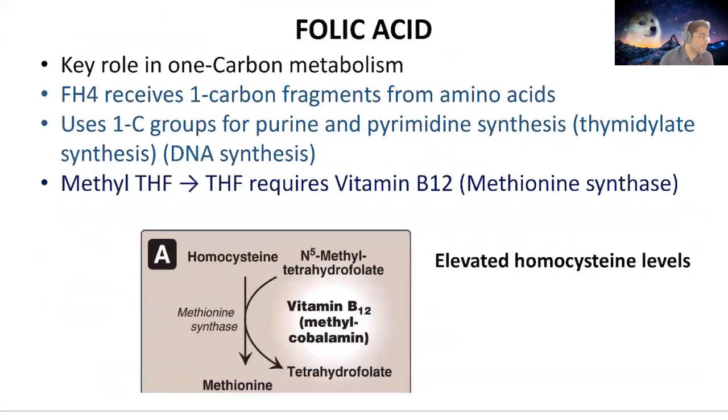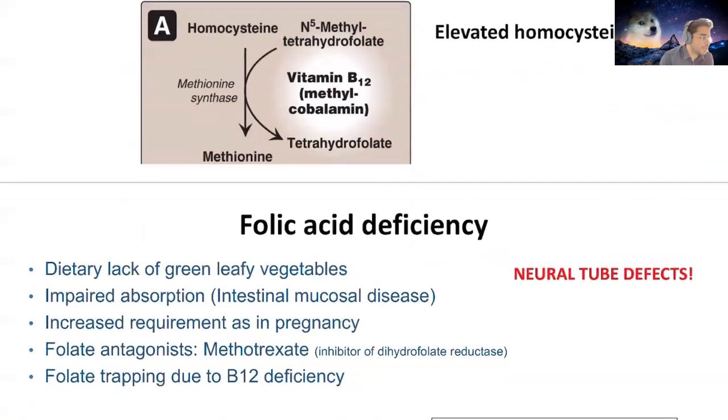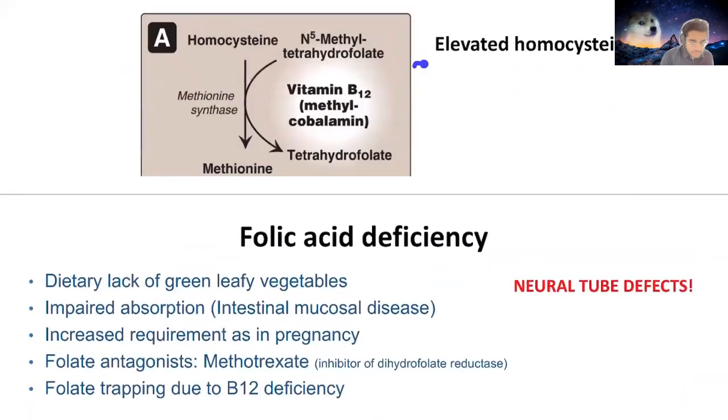Guess what? Folic acid, folate, you just need to know it. Remember, B12 deficiency versus folic acid deficiency. As always, B12 presents with neurological symptoms and increased methionine and methylmalonate in the serum and urine. So just keep that in mind as a differential whenever you think of macrocytic megaloblastic anemia. As always, elevated homocysteine level.